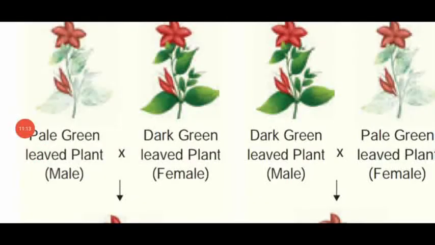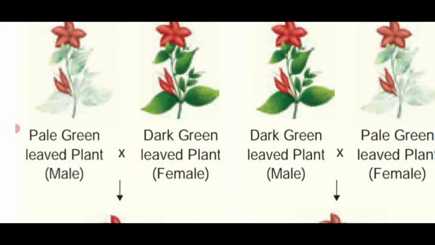Dear students, these are two different plants with varied leaf color. First one is a pale green leaved plant, which acts as the male plant, that is, pollen is transferred from pale green to dark green.